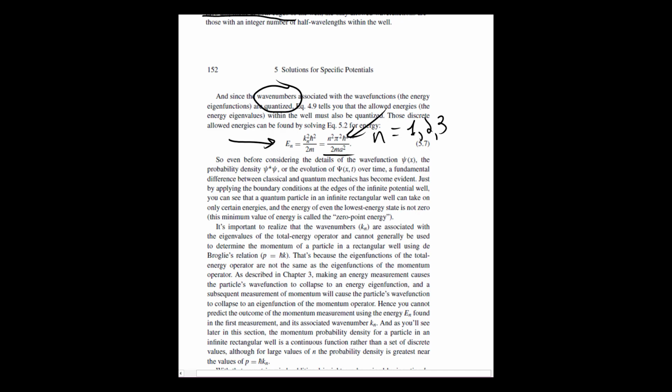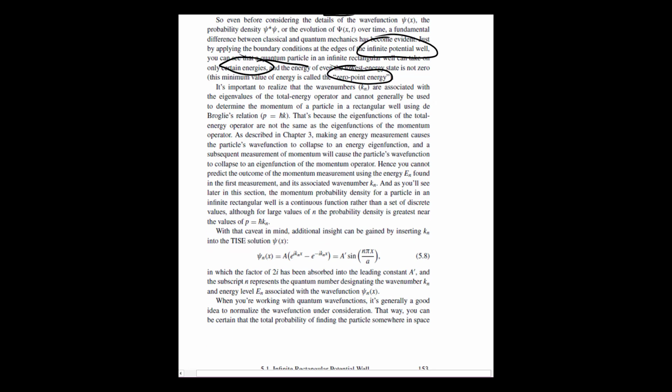So we haven't yet talked about the details of the wave function, or how it evolves, or the probability density, and we already have a fundamental result that inside an infinite potential well, a quantum particle can take on only certain energies. And even the lowest energy state at n equals 1 has non-zero energy. Some people call that the zero-point energy. Now, one thing to be careful about.